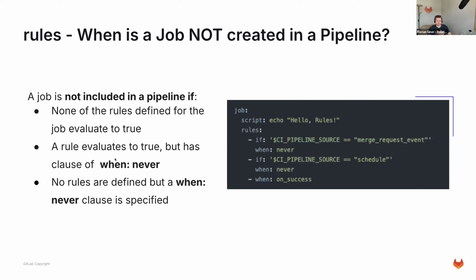The second one is if a rule evaluates to true, but it has the clause when: never. For example, here, if our pipeline source is the merge request event, then this job should never be executed. The third one is if no rules are defined, but a when: never clause is specified. You just add this when: never, then it will also never be executed.